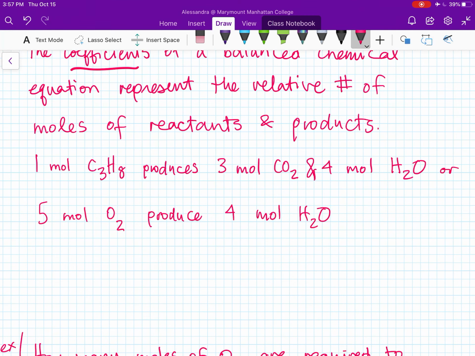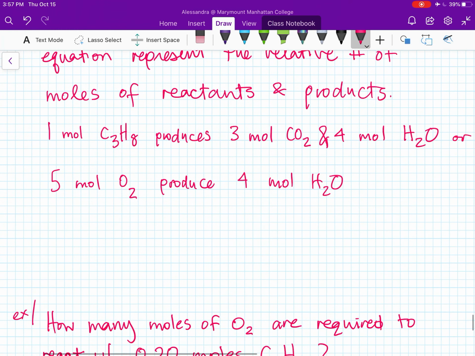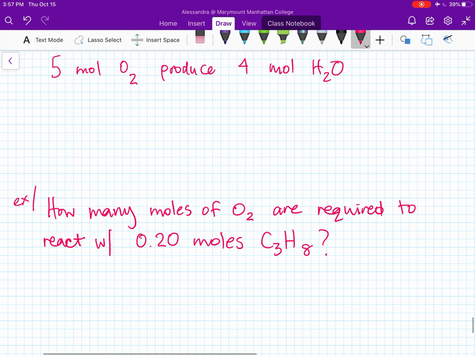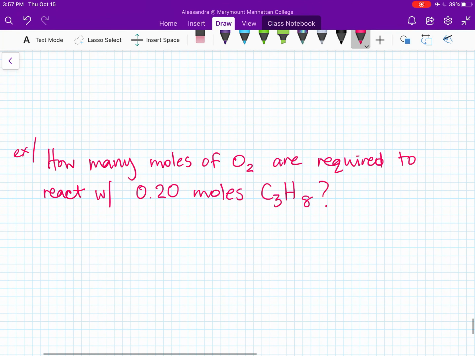So now, given that balanced equation, we can figure out a whole lot about the chemical reaction. For example, how many moles of O2 are required to react with 0.20 moles of propane? I can approach this using dimensional analysis.